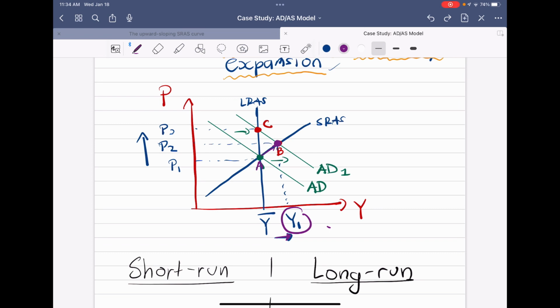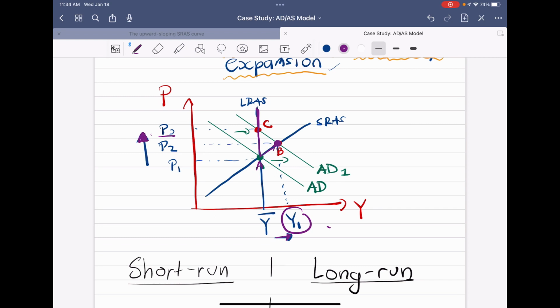In the long run, it will become B to C. What does it mean? It means that it's time to catch up with reality, since the boom surpasses the long-run aggregate supply curve. Then there will be pressure from point B to point C, returning the output to its natural level at Y bar and increasing the price from P2 to P3.